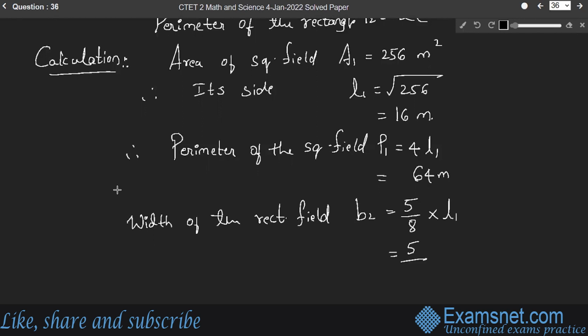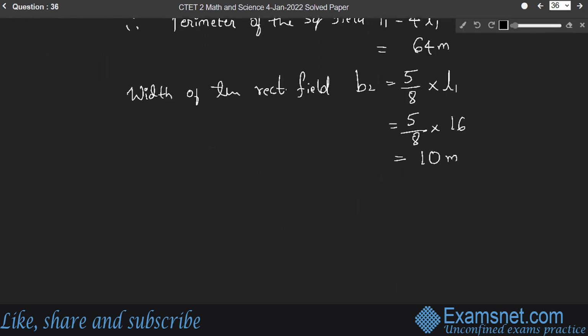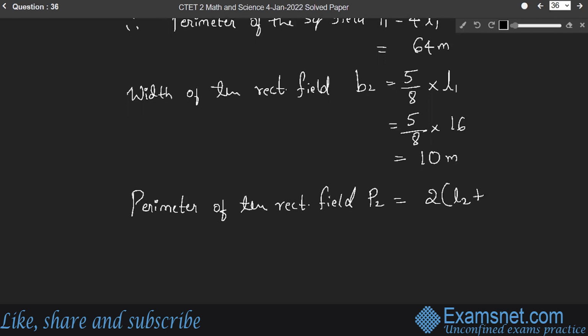It is given 5 by 8 times L1 is 16, which is equal to 10 meter. And also the perimeter of the rectangular field, P2 is equal to 2 times length plus breadth.